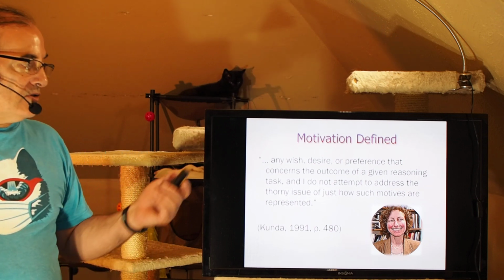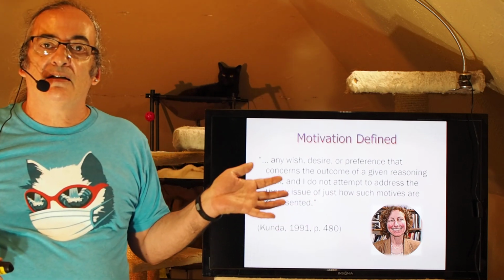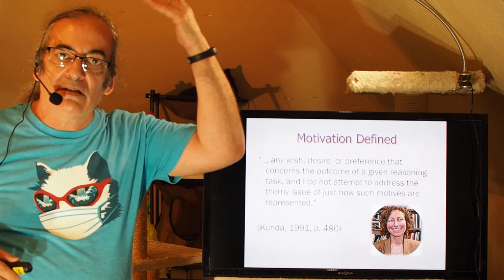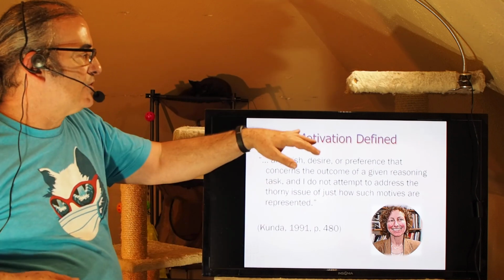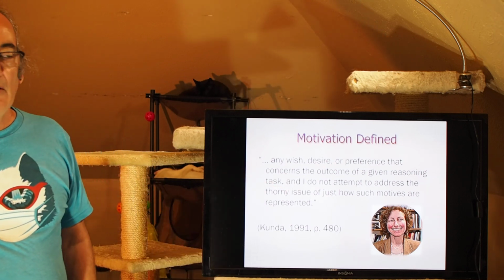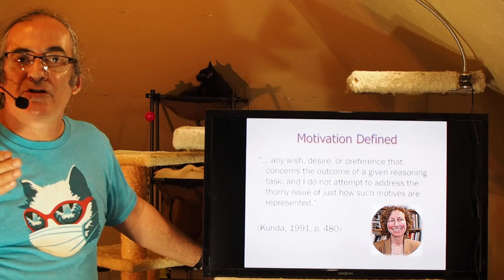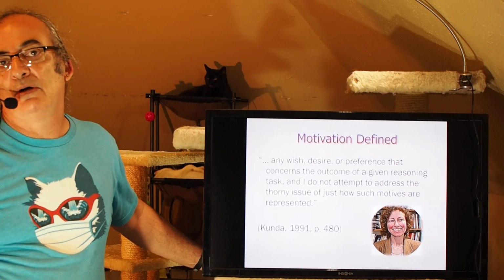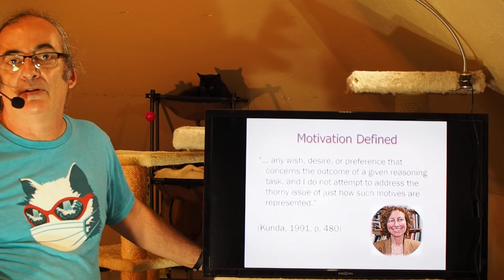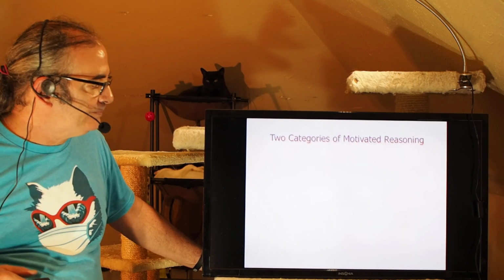And notice that this dovetails really nicely with Dunning's idea of the executive, because who's calling the shots here? It's this executive function which provides the motivation for the reasoning task. So this is how two of us could look at the same information and come to very different conclusions because we were motivated to come to one conclusion or the other. And we processed the information in a way that favored or allowed us to do that.